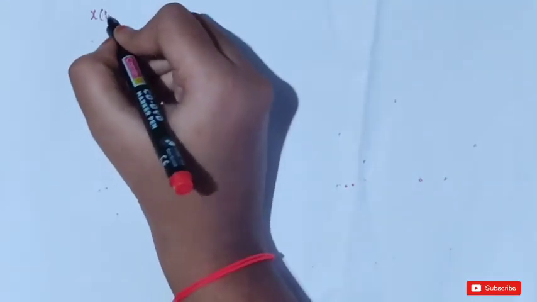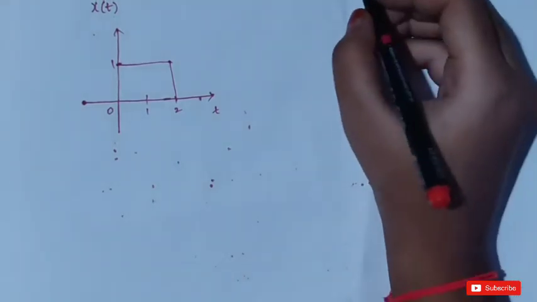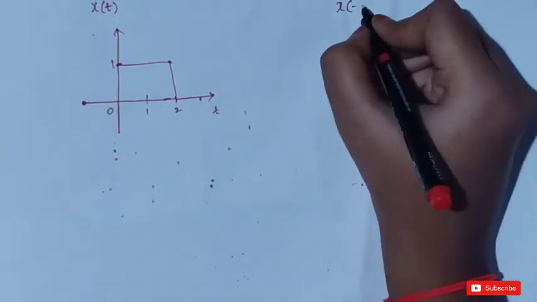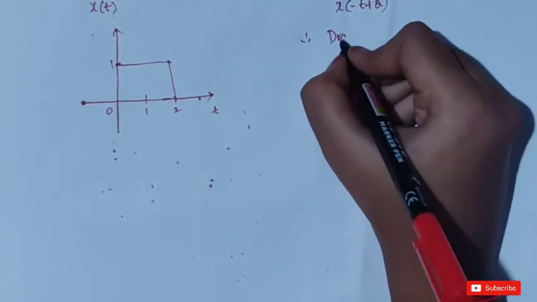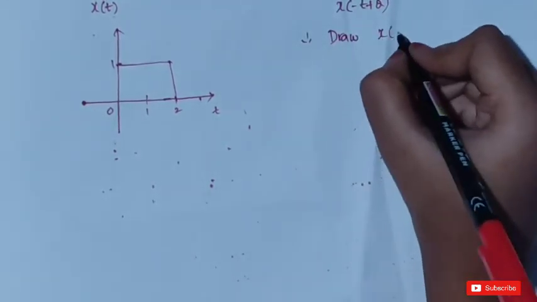Let us consider a signal x of t. Let this be the signal x of t. Now in the question it is given that we need to find x of minus t plus 2. For this, the first step is we need to draw x of minus t.